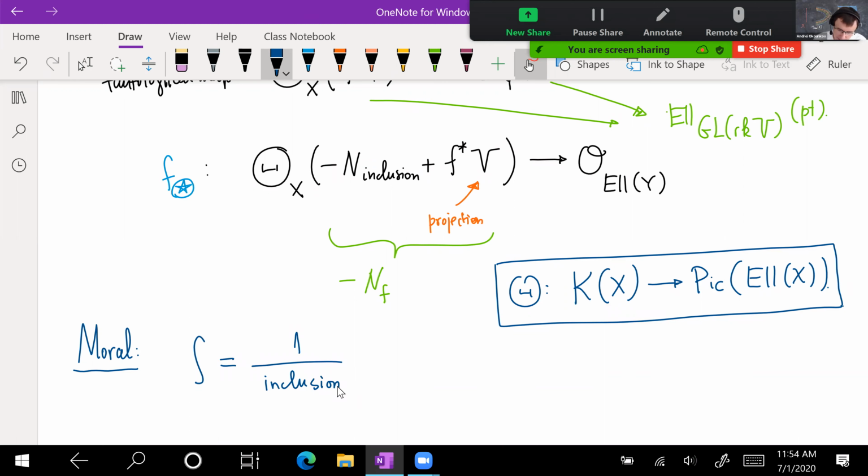When we talk about inclusion and write formulas, they correspond to the product of theta functions of xi, where these are the Chern roots of the normal bundle.